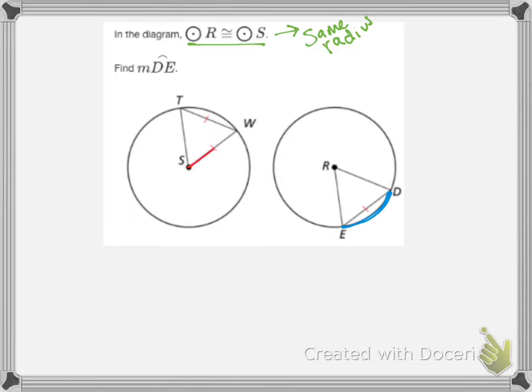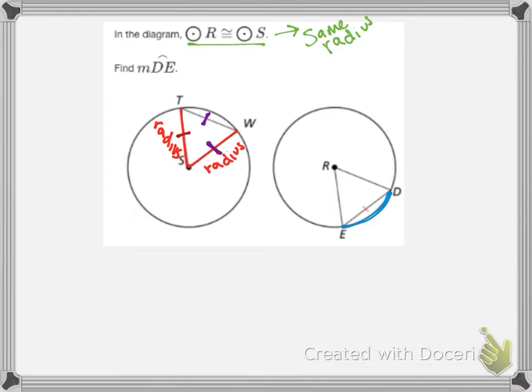So if you look, SW is the radius, right? Radius goes from center to the edge. Well, wouldn't ST also be the radius? And the definition of a circle is that it has the same radius all the way around. So that means this side is congruent to this side, and since this side was already congruent to this side, that means I have an equilateral triangle.